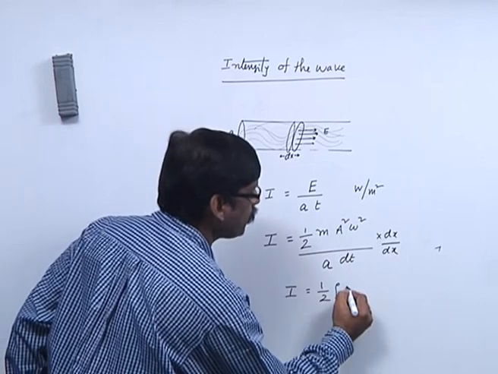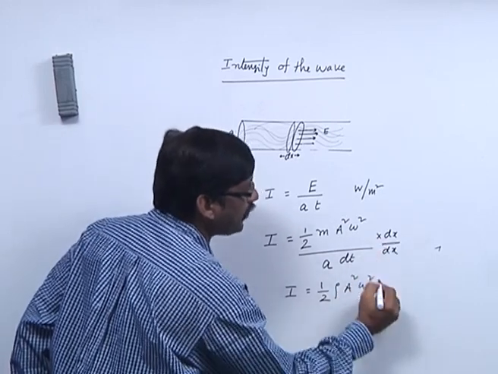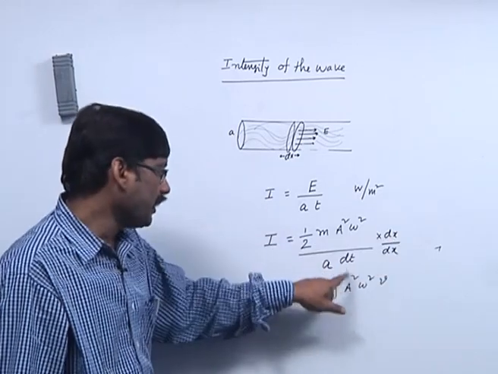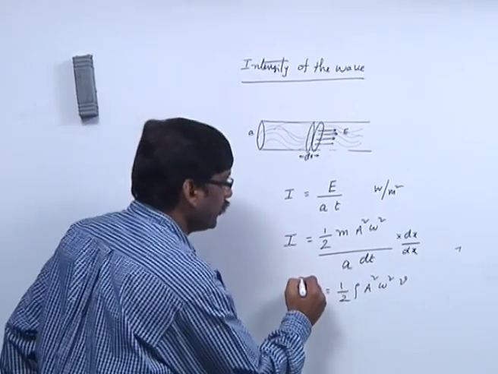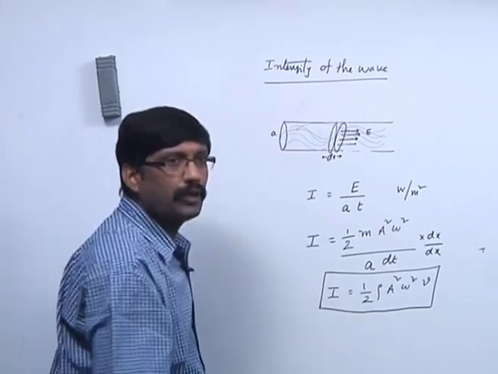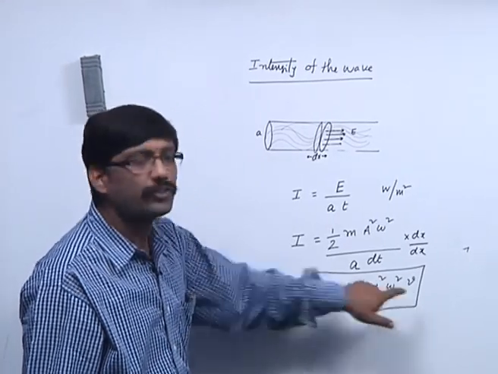So we get half rho a square omega square, and dx by dt is the velocity of the wave. So the intensity of the sound wave is half rho a square omega square v.